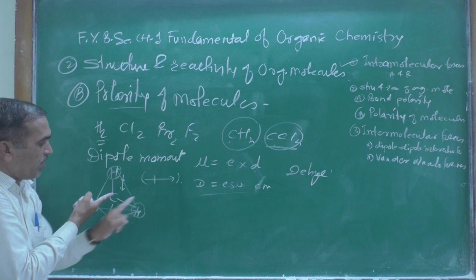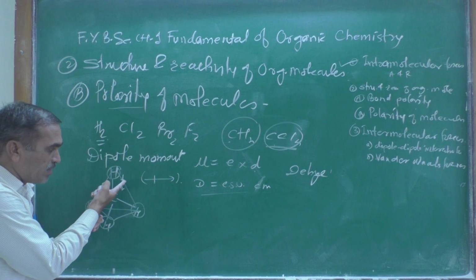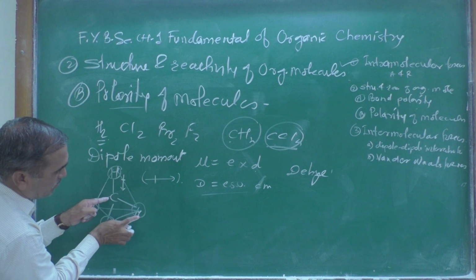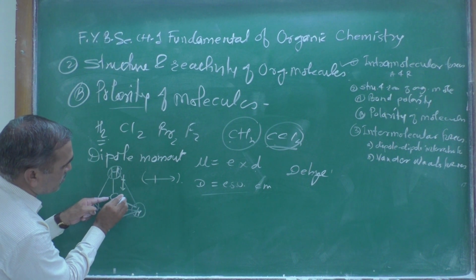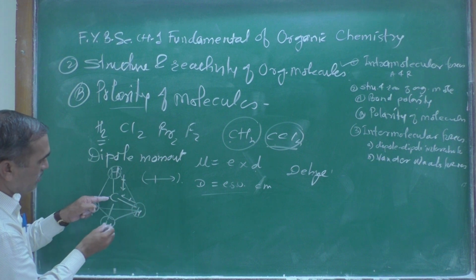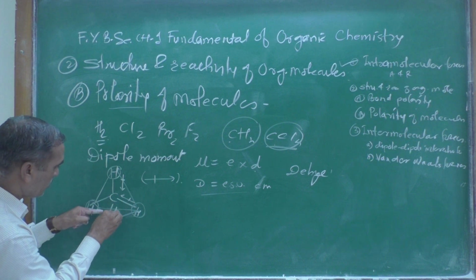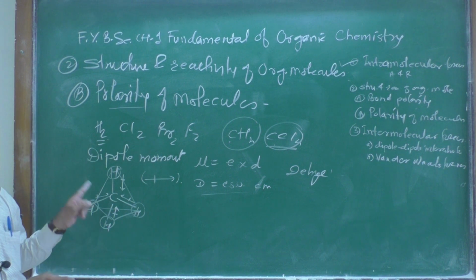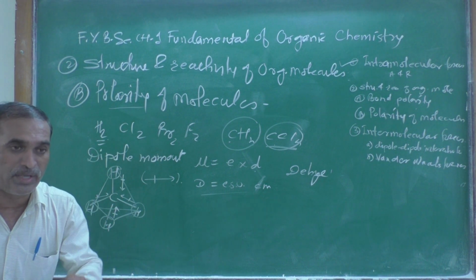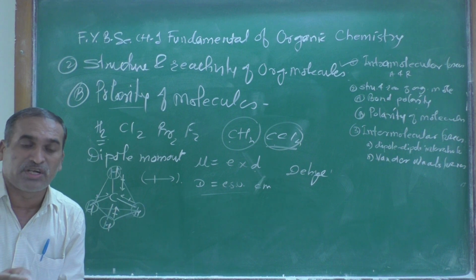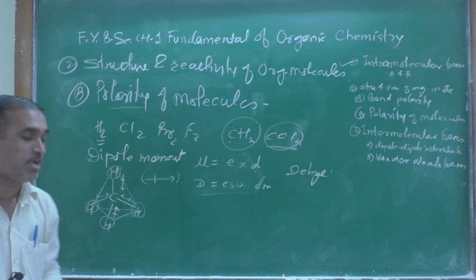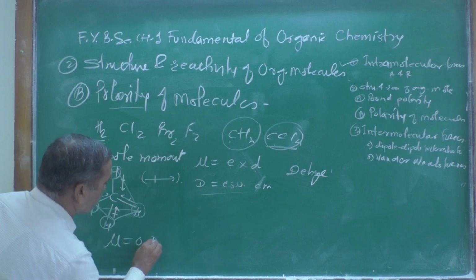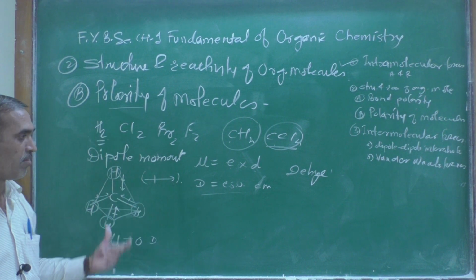Hydrogen is the positive end, carbon is the negative end, so I am showing the arrow like this, and here also the arrow is like this. In this case it is a tetrahedral geometry, and therefore the resulting dipole moment of the methane molecule is 0 D. D is the unit of that.